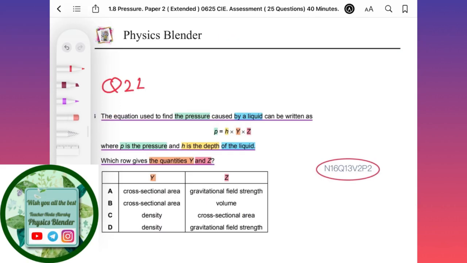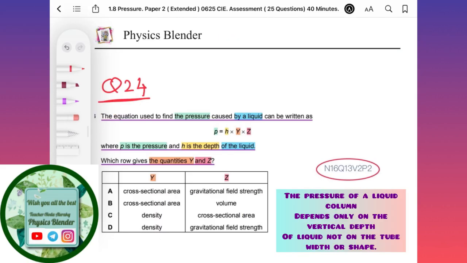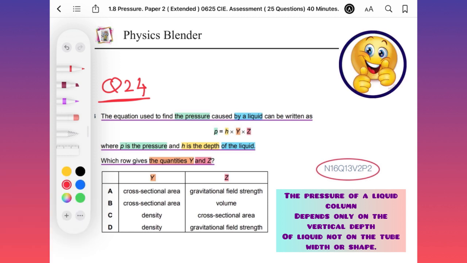Question 24. The equation used to find pressure caused by a liquid can be written as P is equal to H times Y times Z, where P is the pressure and H is depth of liquid. Which row gives quantities Y and Z? Back to the main principle we discussed: pressure due to liquid column depends only on vertical depth of liquid.